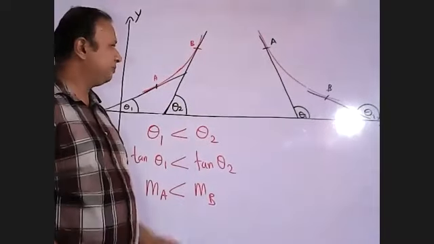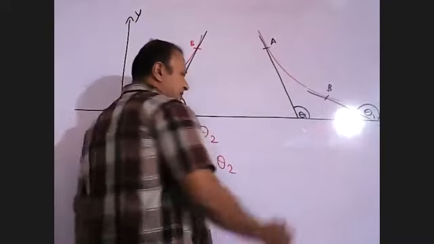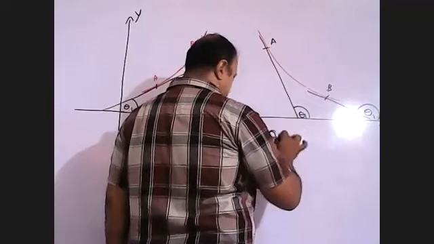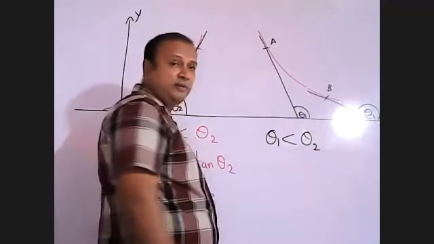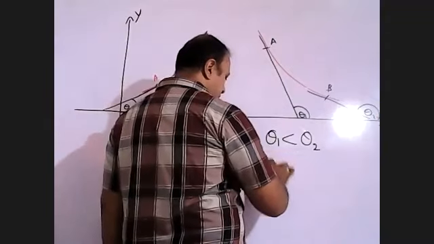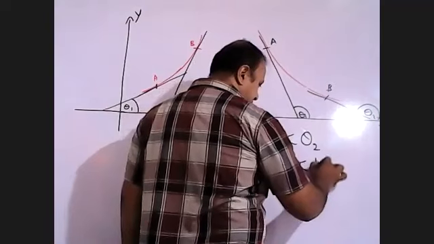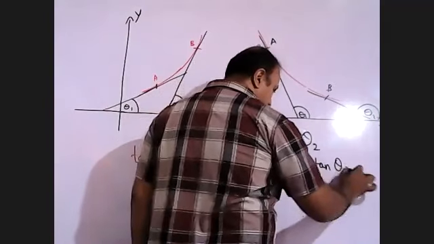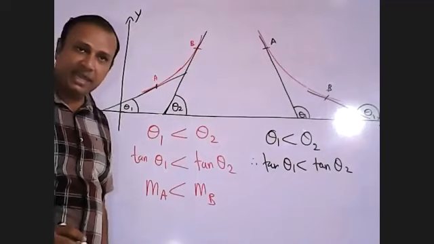Therefore, I can find the same argument. Theta 2 is greater than theta 1. Therefore, tan theta 1 is lesser than tan theta 2. Tan value means gradient.